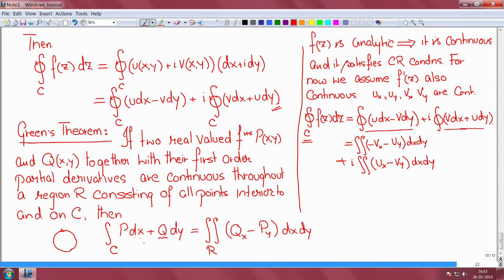This for this part, and this for this part, using this theorem.